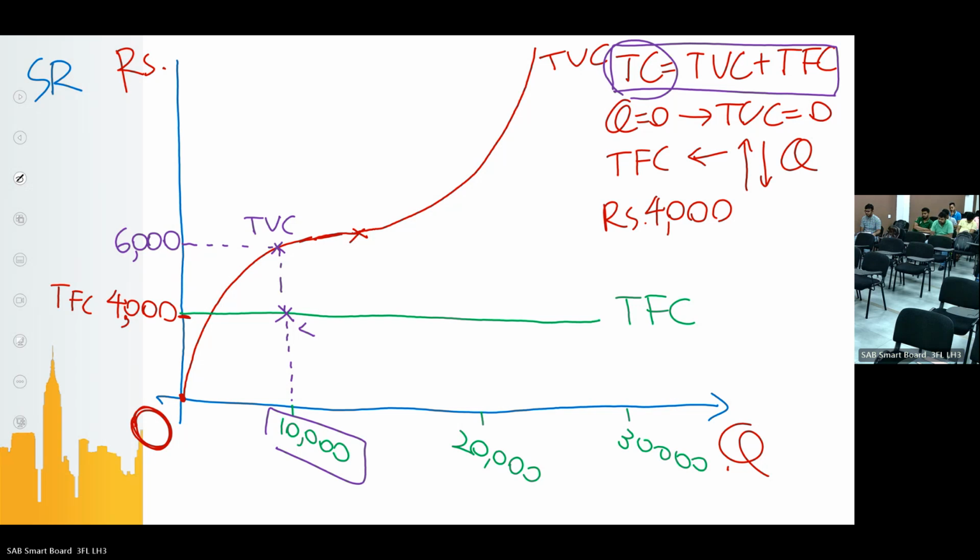This is total fixed cost at 10,000 units of output. Then how much is total cost? 6,000 plus 4,000, 10,000. So the level will be somewhere 10,000.